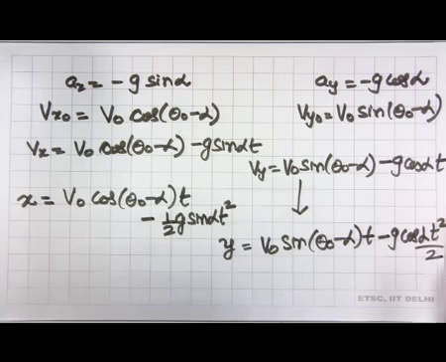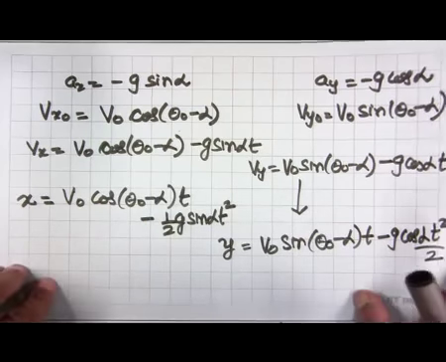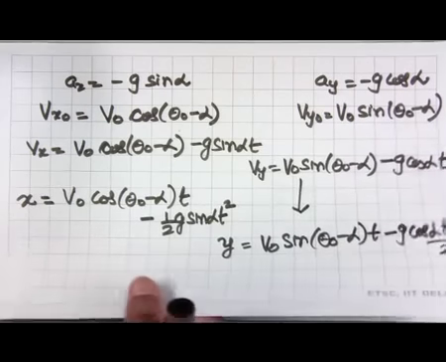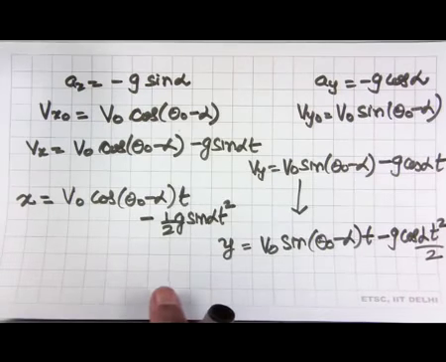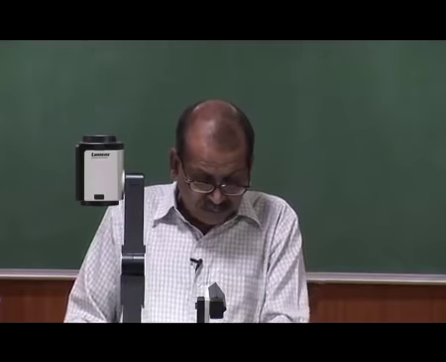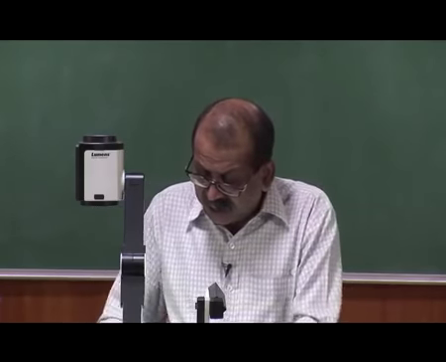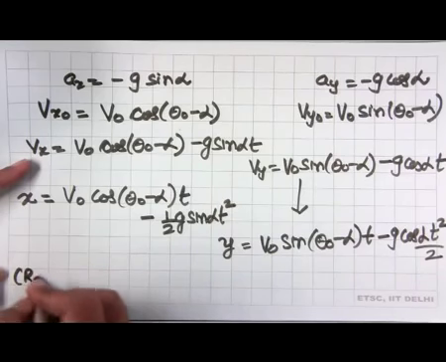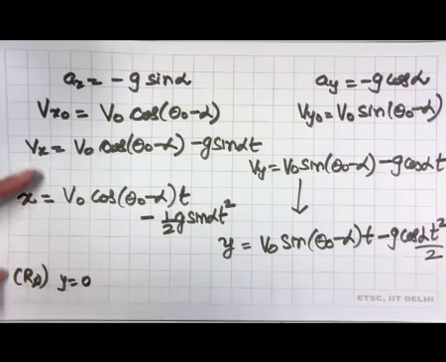So, in the vertical component g is replaced by g cos alpha, and in the horizontal component we get extra terms because of g sin alpha. Now when we get this expression for y, at r comma 0, y is equal to 0.